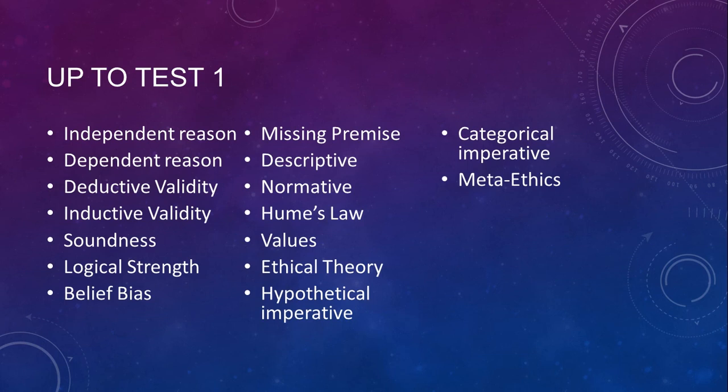Yeah? And probably the most common thing that you're going to add in as a missing premise is one of these two things, a conditional or a categorical. Yeah? Because those are the most common things to be in this style of dependent relation.